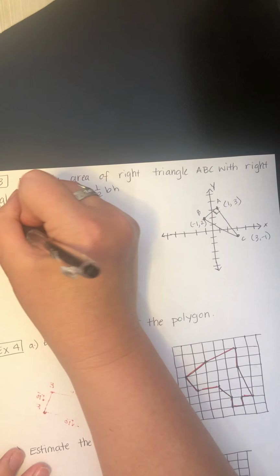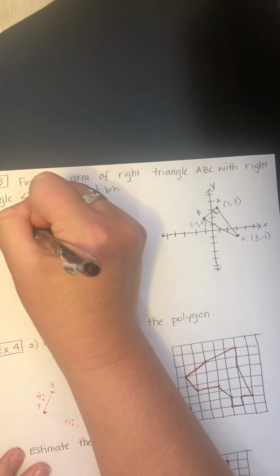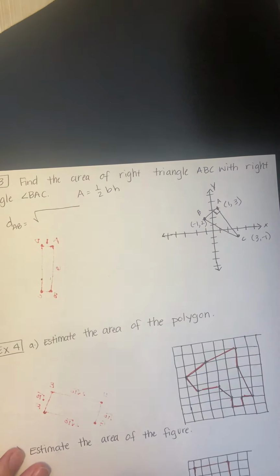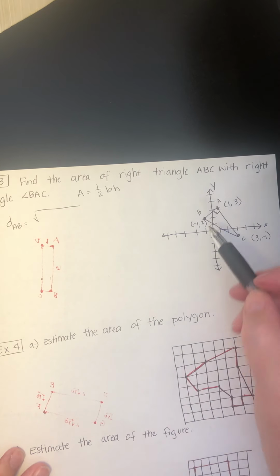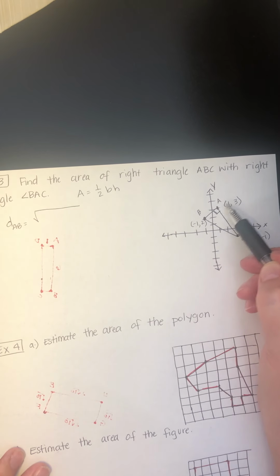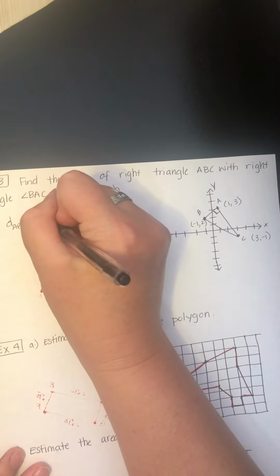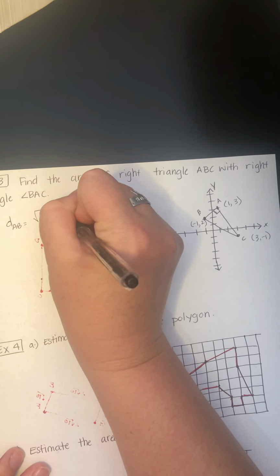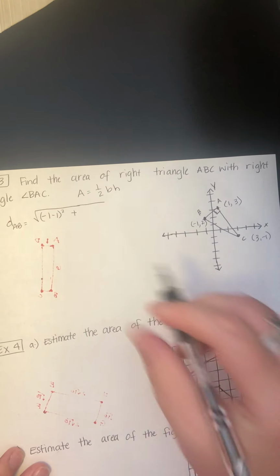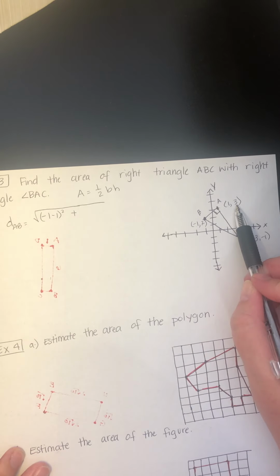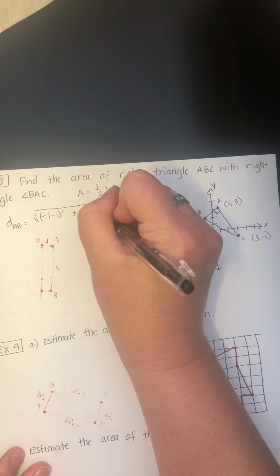It's the square root of x2 minus x1. So x2 is -1, x1 is 1. We square that, plus y2, which is 2, minus y1, which is 3.